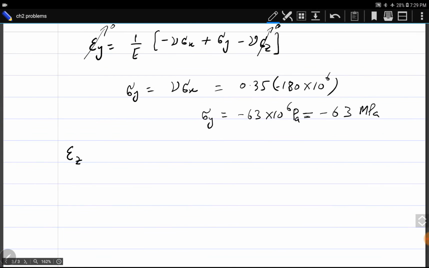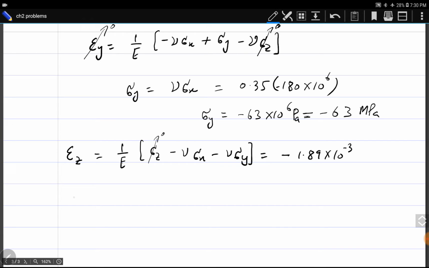First I will find strain in z direction, which is 1 over E into sigma z minus nu sigma x minus nu sigma y. Putting the values, sigma z 0, sigma x and sigma y are known, nu is known, E is known, it becomes minus 1.89 into 10 to the power minus 3.